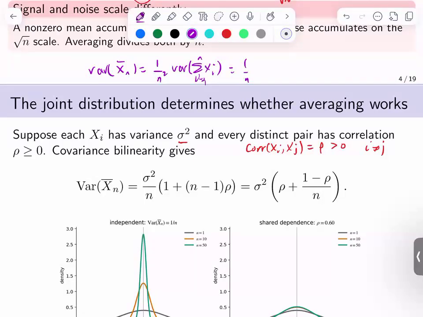Then I have to expand this in the general form. If you remember, this is going to be the summation i from 1 to n of the variance of xi, plus the summation over all i not equal to j. This is a double sum, basically, of the covariance of xi, xj. Okay?